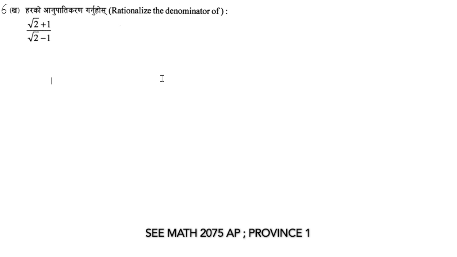All right, and while solving these types of problems, we have to know about the conjugate, right? So the conjugate means, for example, I'll just write it on the side so you don't have to write this one in the exam.